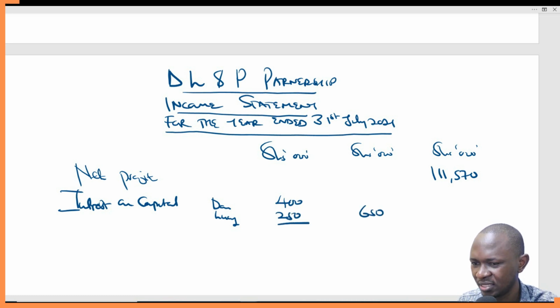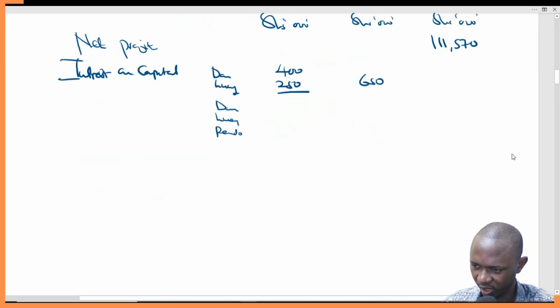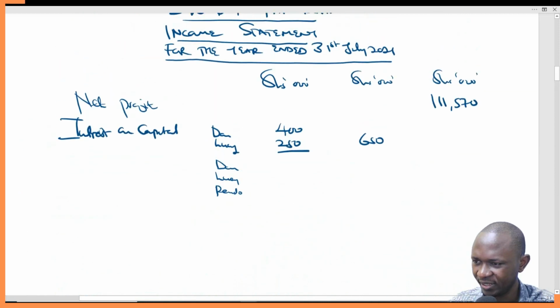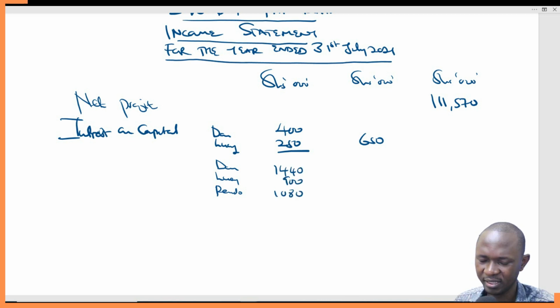This will show that this is interest on capital the first quarter, and then interest on capital again the second quarter. Now we have Dan, Lucy, and Pendo, and the figures we have are 1440, 900, and 1080. This is the remaining 3 quarters of the year.